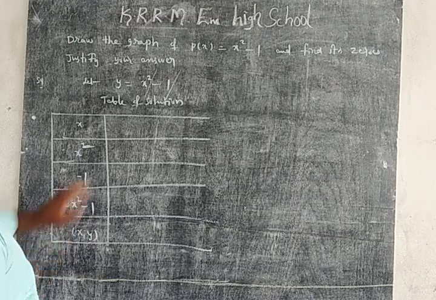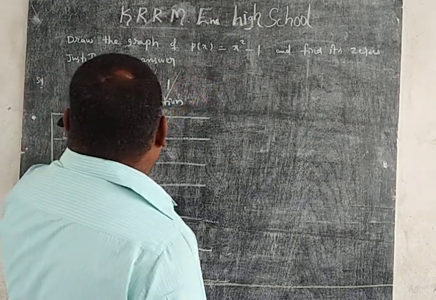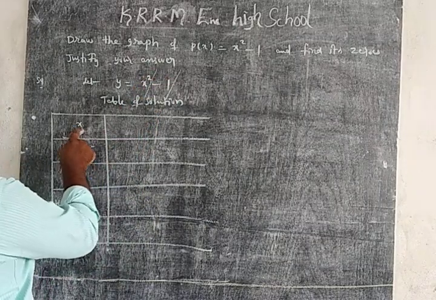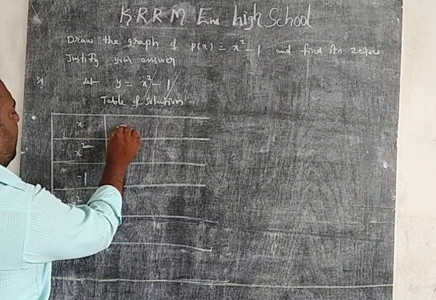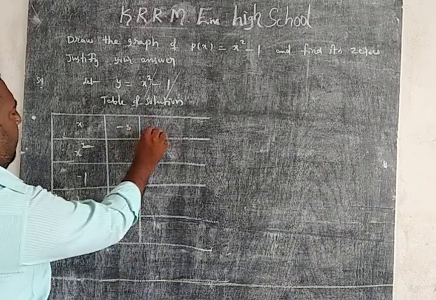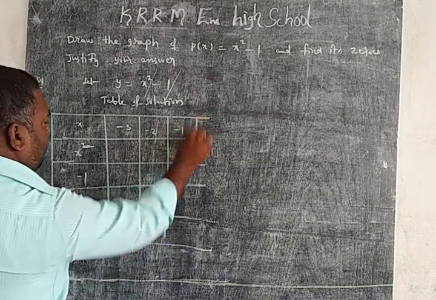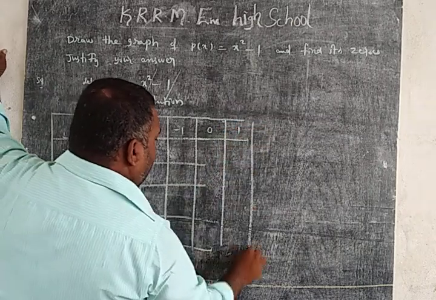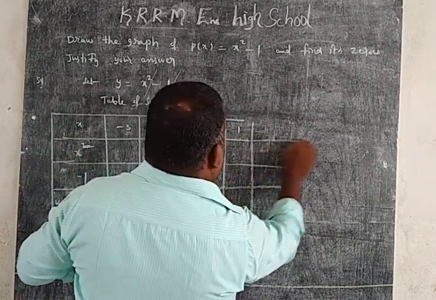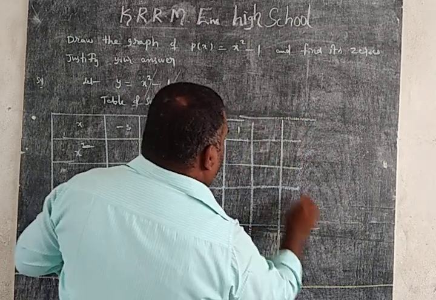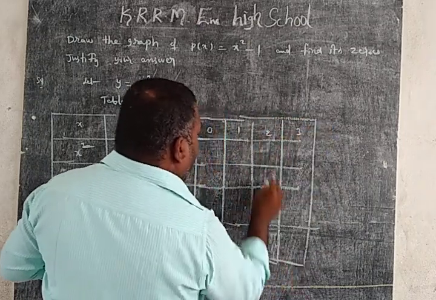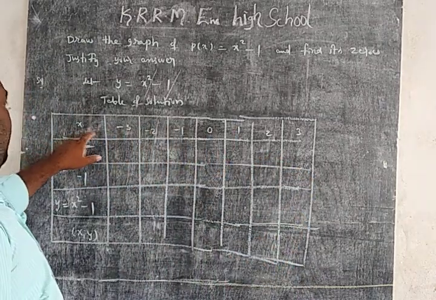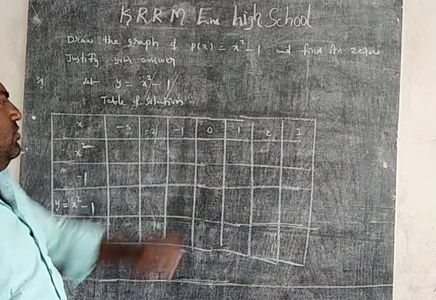So we divide the polynomial according to the terms x square minus 1. First we take independent values of x as minus 3, minus 2, minus 1, 0, 1, 2, 3.